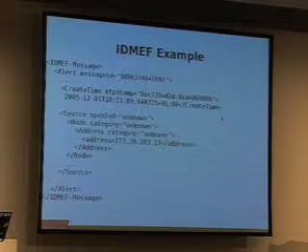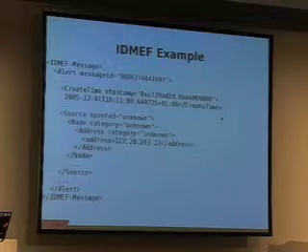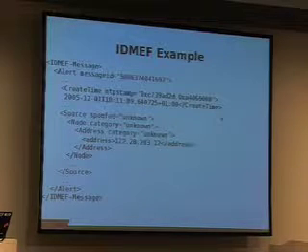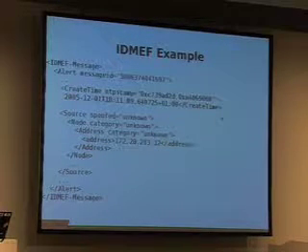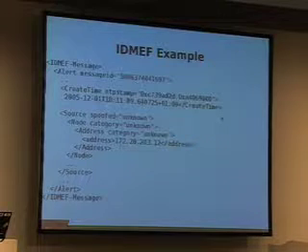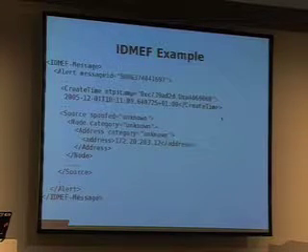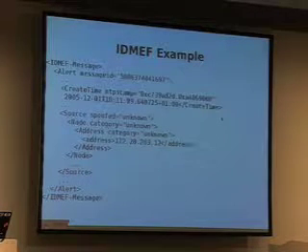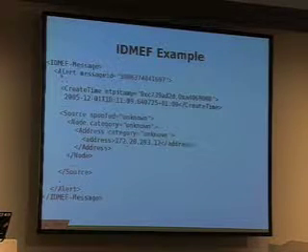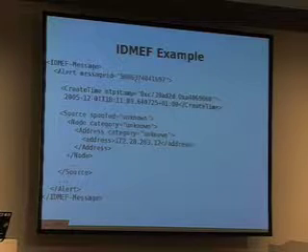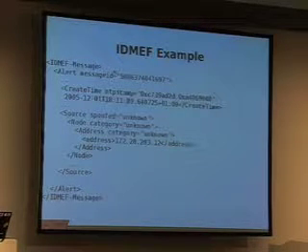In the next slide, I have a very minimalized example of an IDMEF message in XML notation. You see every message gets an alert ID. This is a unique ID.